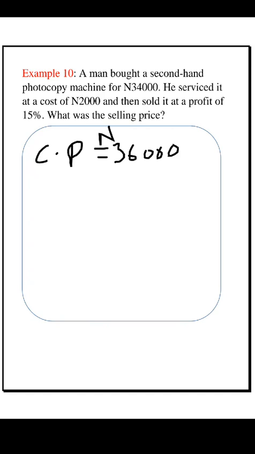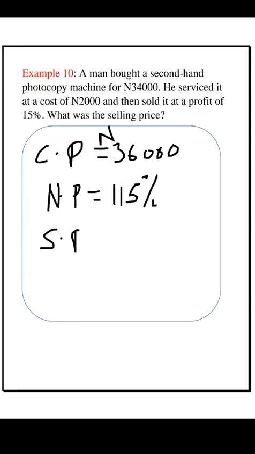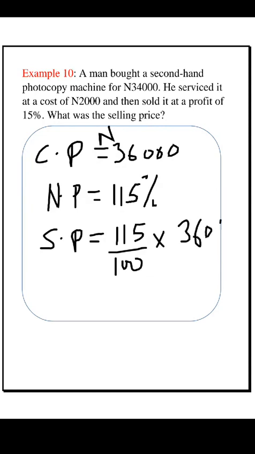And then sold it at a profit of 15%. Profit of 15%, that means the new percentage is 15 plus 100, 115%. So now, what is the selling price? Very simple. Selling price is going to be the new percentage, 115 over 100 multiplied by 36,000.